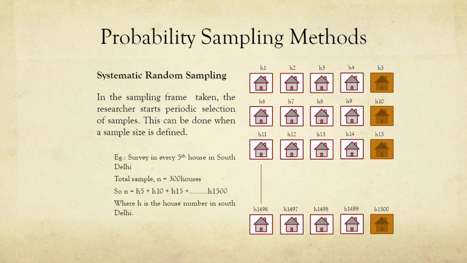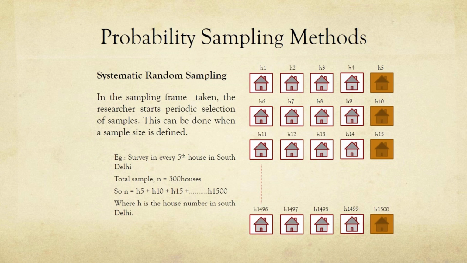So if I say I need 100 samples, what will I do? I will not generate 100 numbers. I will say, okay, I will select every 5th person or every 5th house that I need to go and survey. Every 5th house will be my sample. Similarly, in the example we've taken here, let's say we have to survey 300 houses.